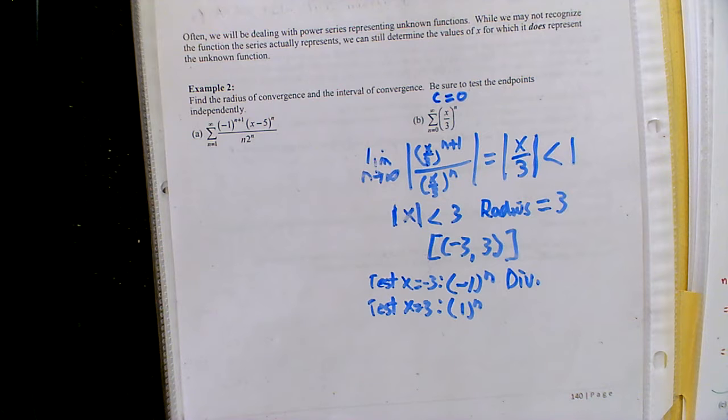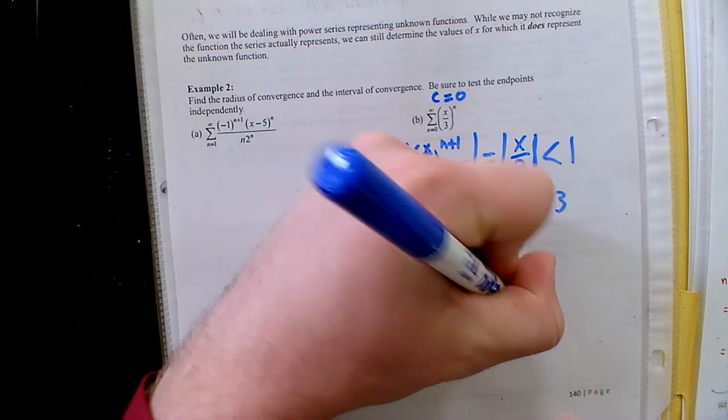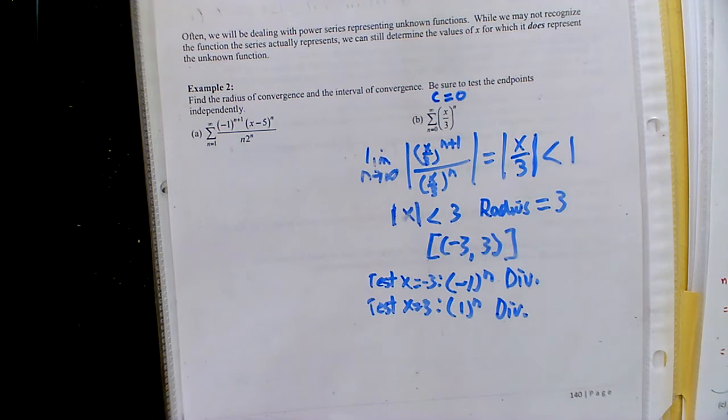By the nth term test it diverges. What does the nth term test say again? Can you remind everyone? Whenever it doesn't equal 0, it diverges. Yeah, when the limit's not equal to 0, so this diverges. If it is equal to 0, then it's inconclusive.